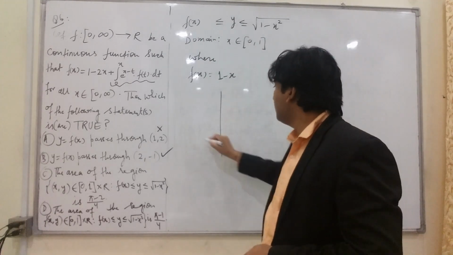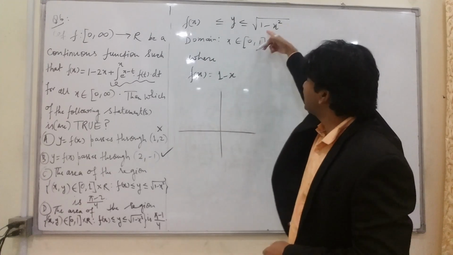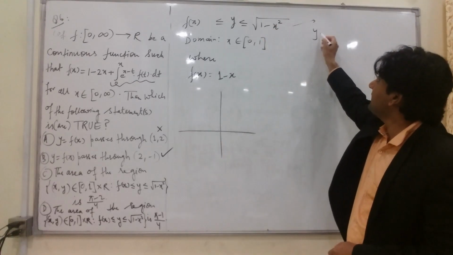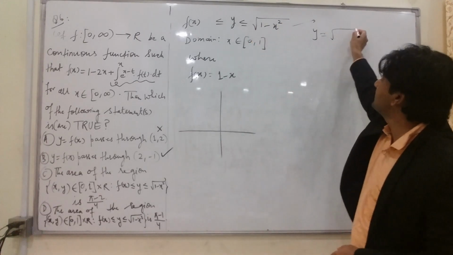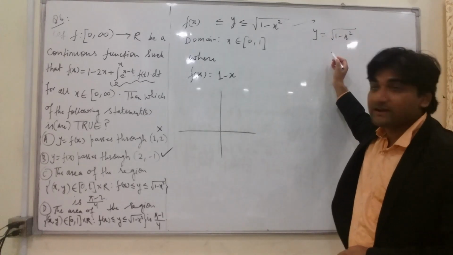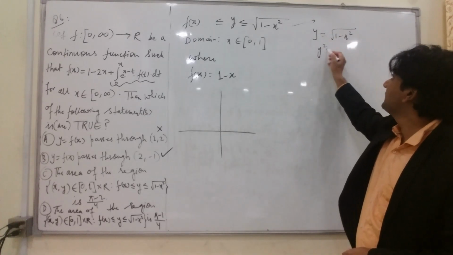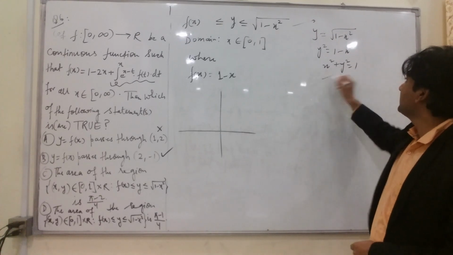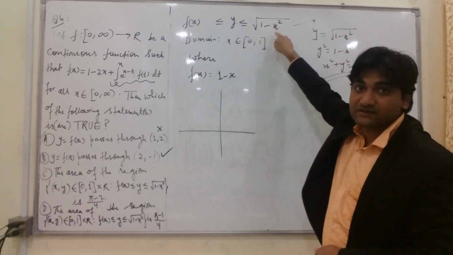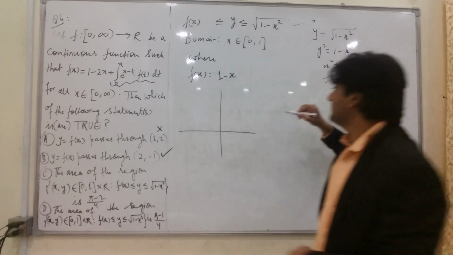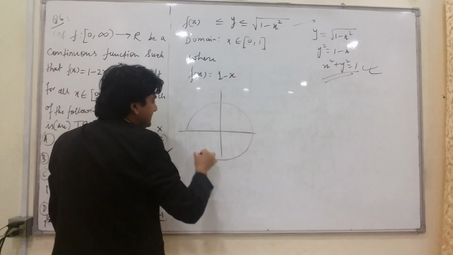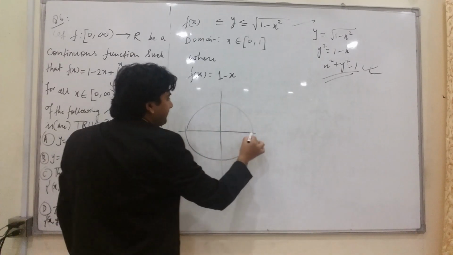Let us understand this first. If you equate y equals root 1 minus x square and square both sides, y square equals 1 minus x square. So x square plus y square equals 1. So this is a part of a circle. This is the equation of a circle, with radius 1 and center (0, 0).